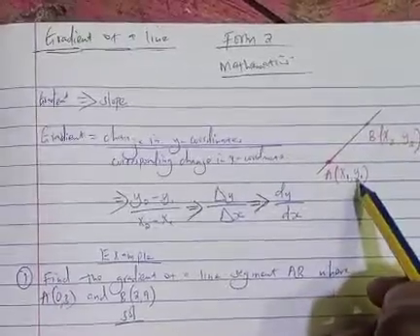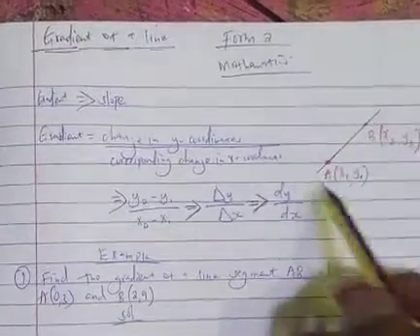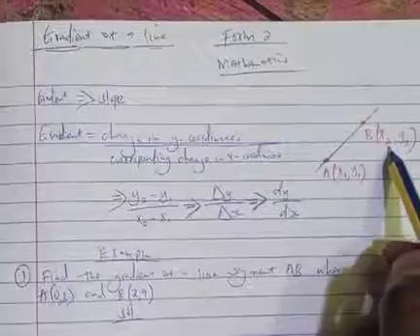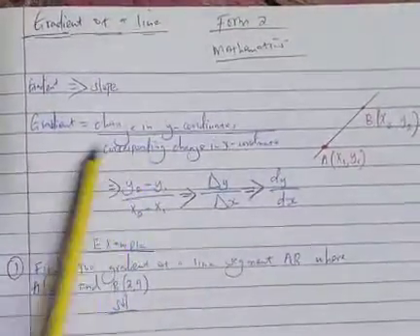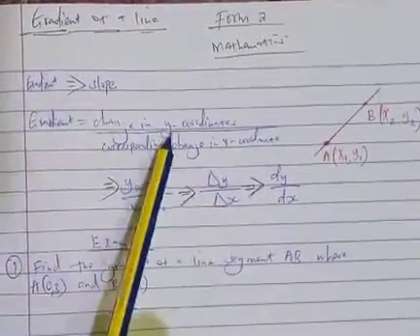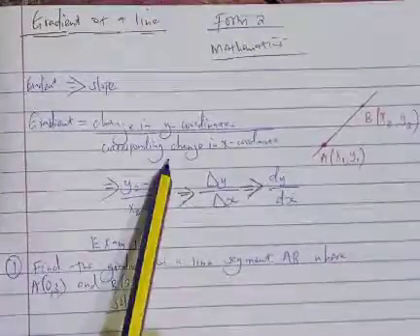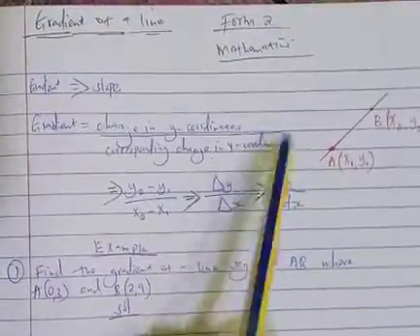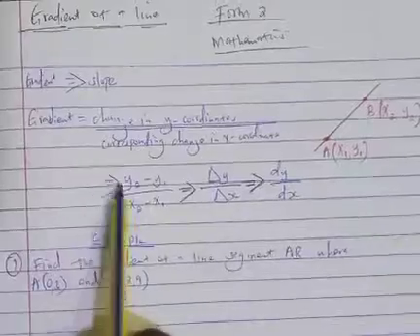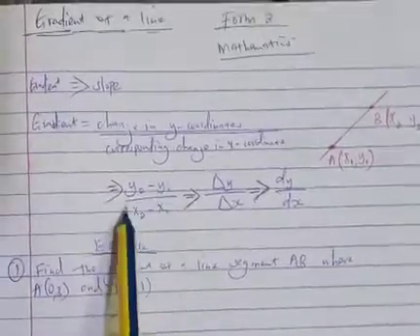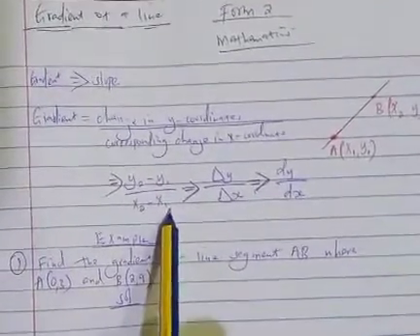If you started with y1 minus y2, over x1 minus x2. So we are saying gradient is change in y coordinate over the corresponding change in x coordinate, whereby it is the same as y2 minus y1 over x2 minus x1.